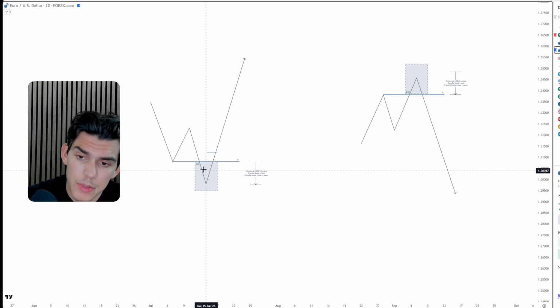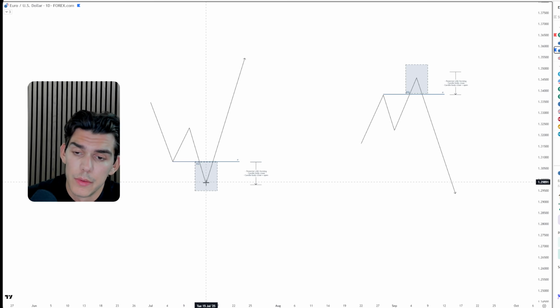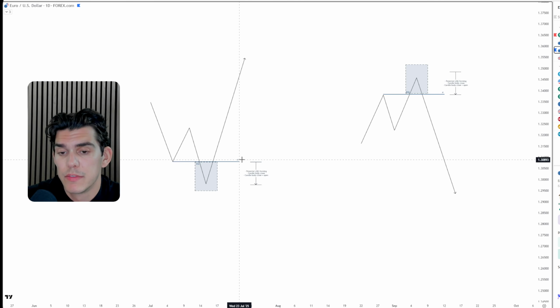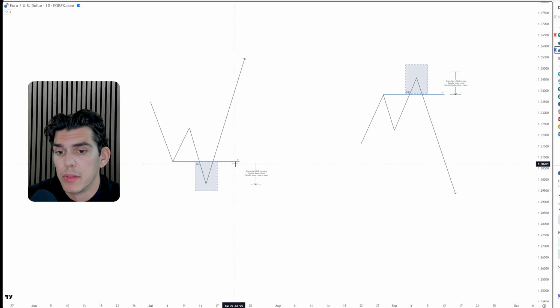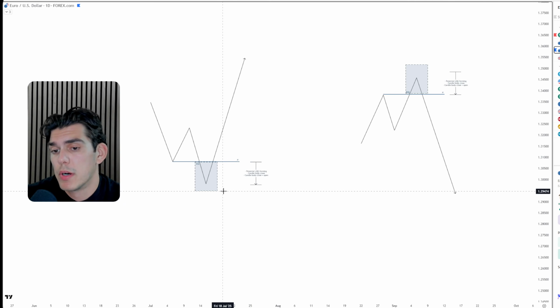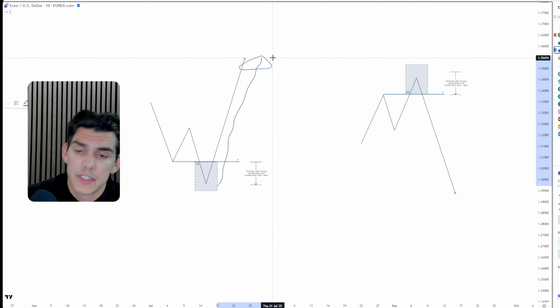So that's exactly what I mean. You can also have a close and an open below this level. You can have a close and an open above this level. Either way, if you commence with a candle body close below this level, that is somewhat less of a good sign if you believe that this is going to be an expansion, right?